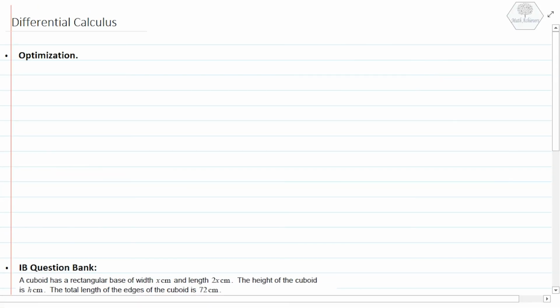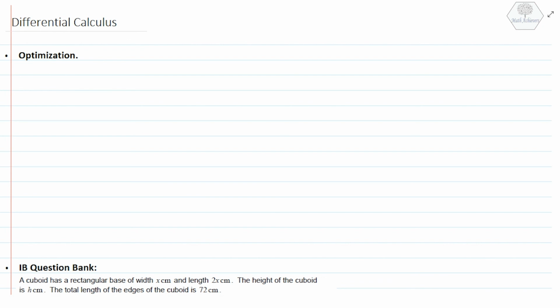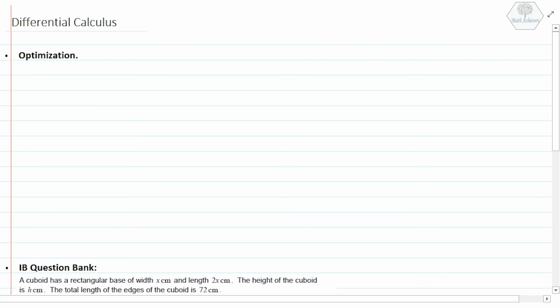Now let's talk about optimization. We always use optimization in context such that when I'm running a company and I want to find the maximum revenue, the maximum revenue is considered to be the optimum value, which is the best value for the company.